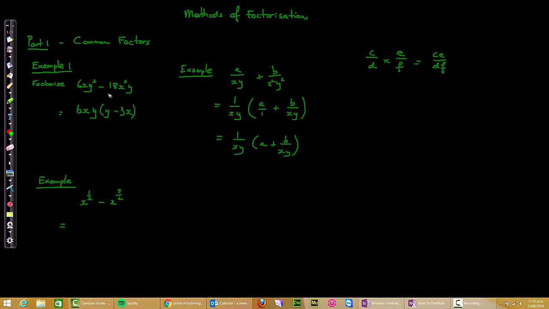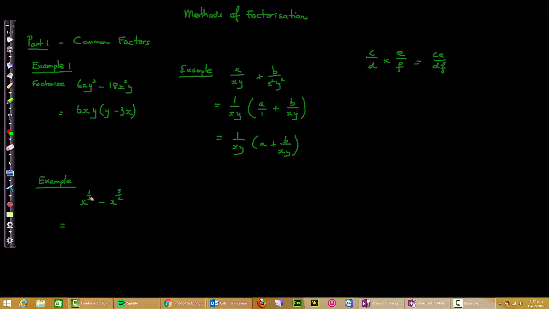As I mentioned earlier, when looking at common factors, we're basically taking out the lowest power of these two. Is it the lowest power which is common, or the highest power which is common? The basic idea is it's the highest power which is common to both.